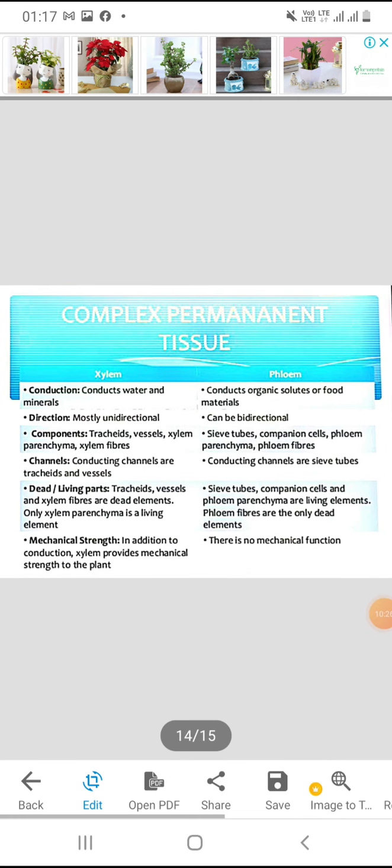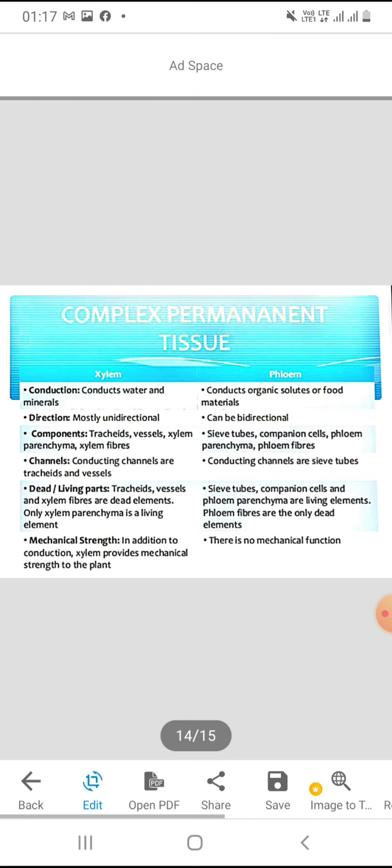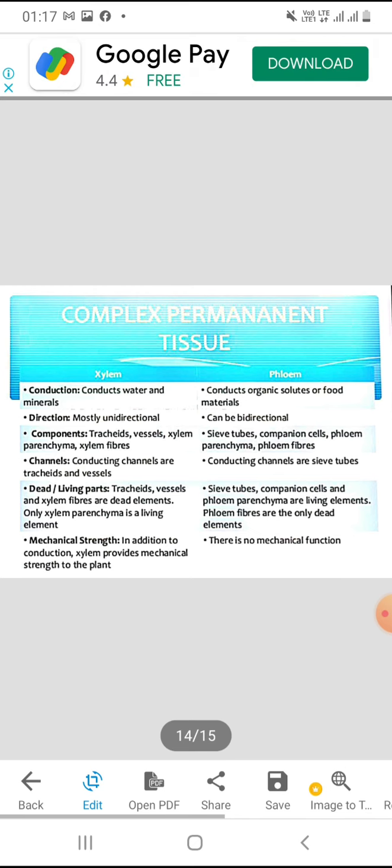Now here you can see the difference between xylem and phloem. Xylem conducts water and minerals. In the case of phloem, it conducts organic solutes or food. Direction: xylem is mostly unidirectional, and phloem can be bidirectional.